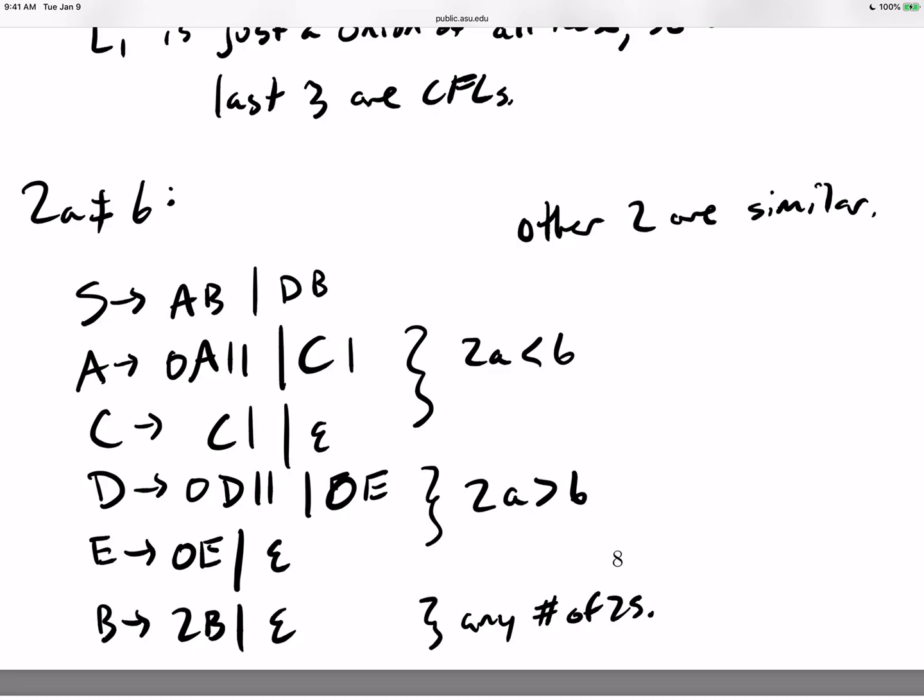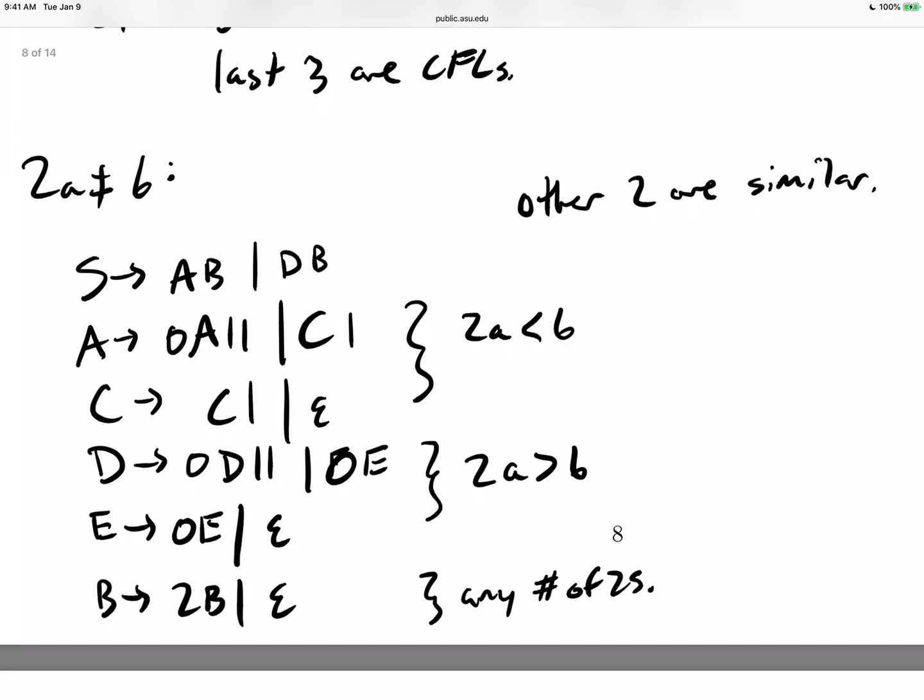Well, if it's less than b, that means there's a 0 which is matched with 2 1s some number of times, and then at some point there's at least one more 1 somewhere, because there are more 1s than twice as many 0s. So what I do here is a goes to 0a11 to generate a 0 with 2 1s.